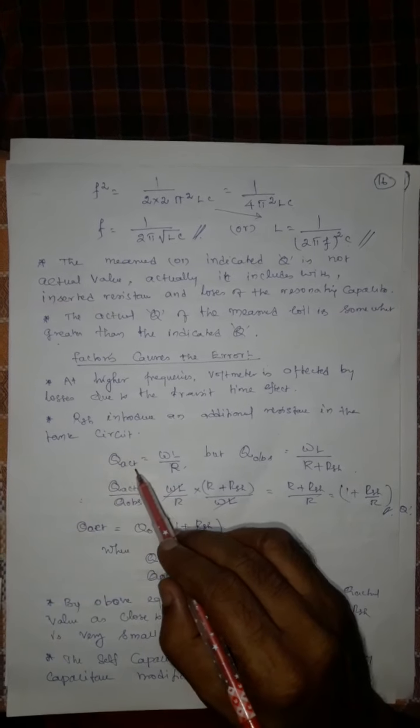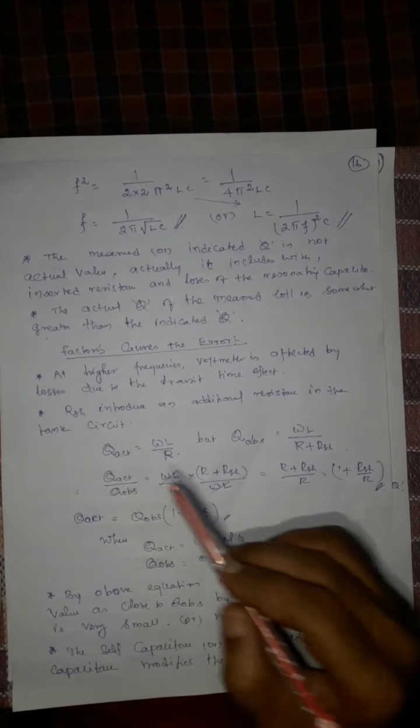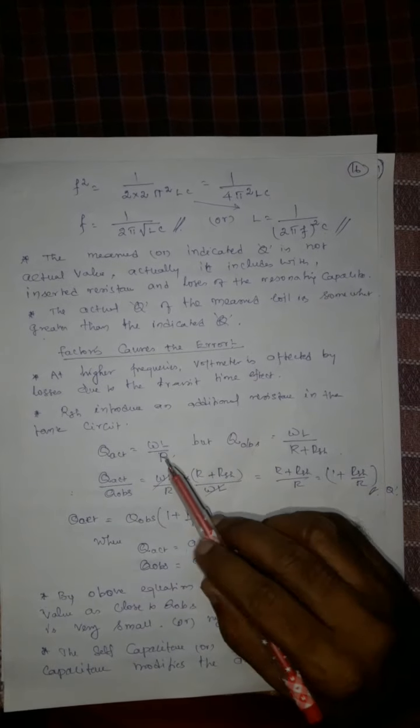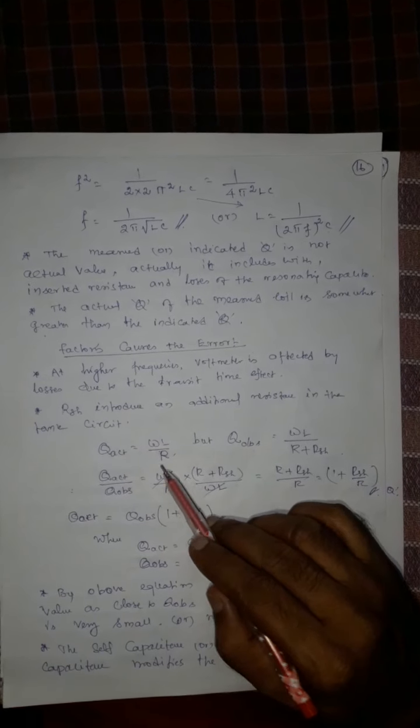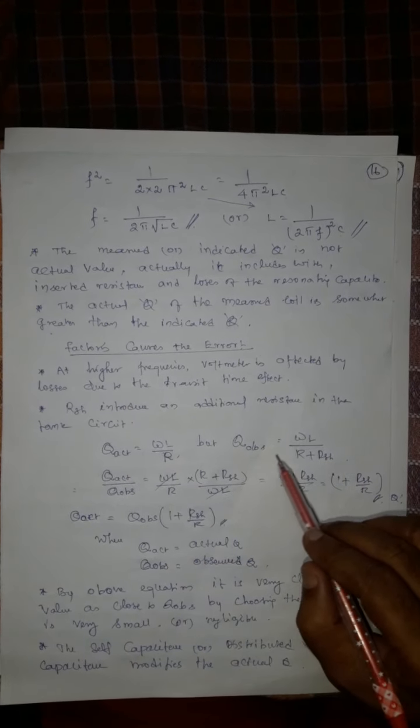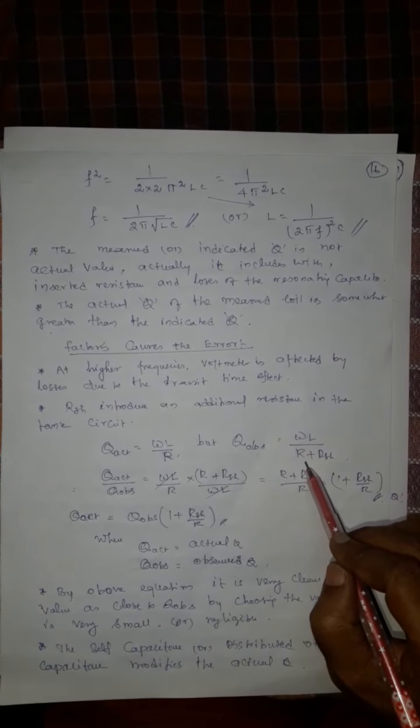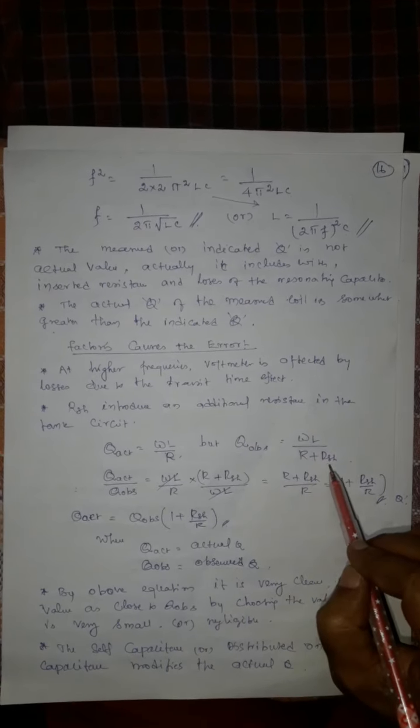Q actual, Q ACT, and Q observed. Q actual equals omega L divided by R. Q observed is omega L divided by R plus RSH. RSH is the shunt resistance which is connected here.